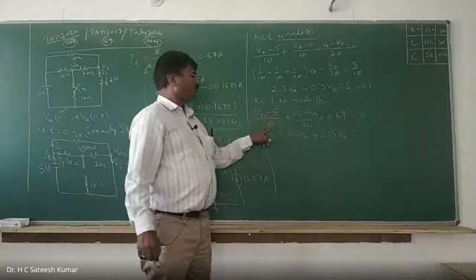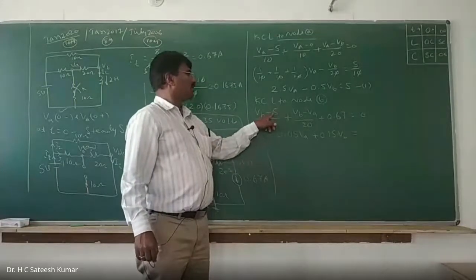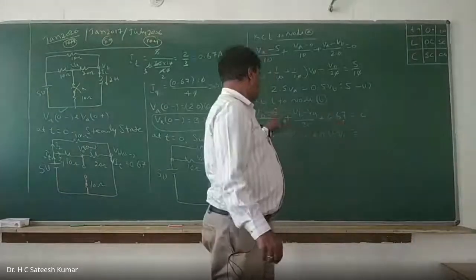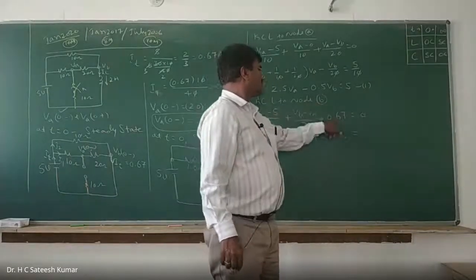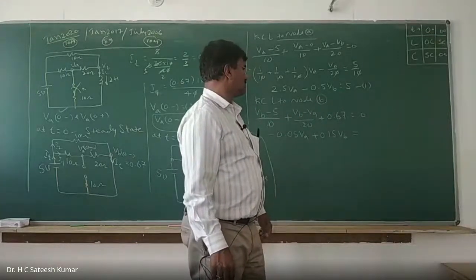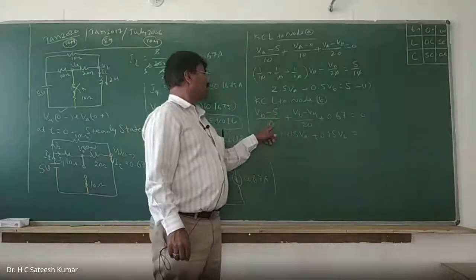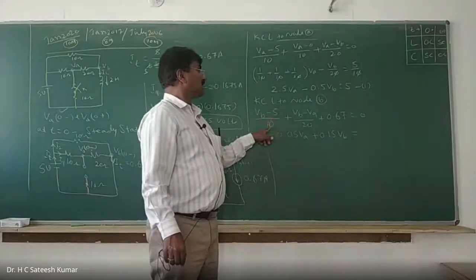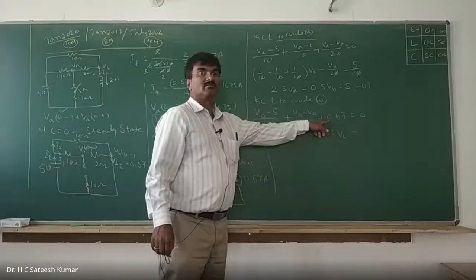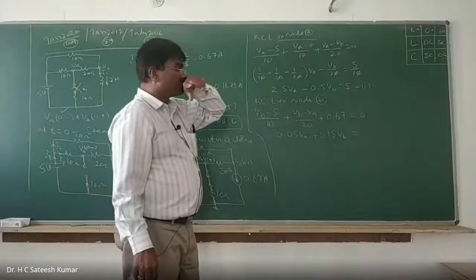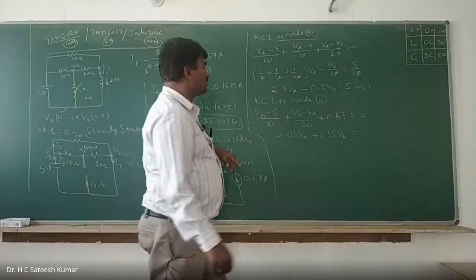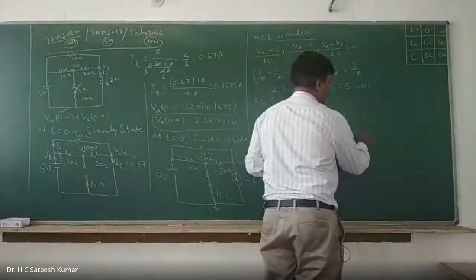VB is equal to, observe carefully, 5 by 10, which is 0.5, minus 0.5 plus 0.67. 0.17 transferred to the right hand side becomes minus 0.17.